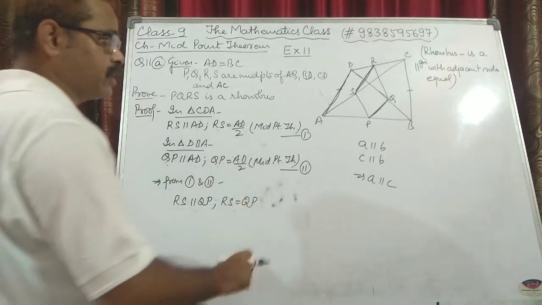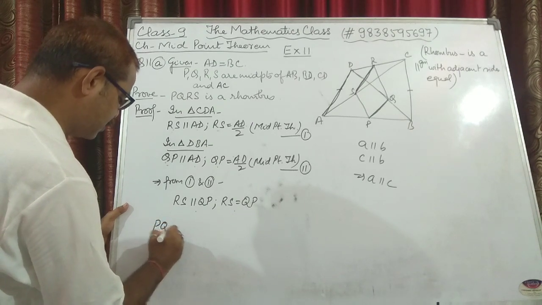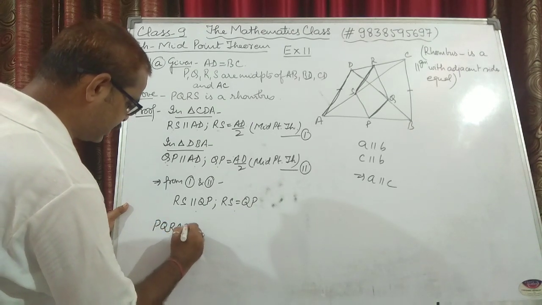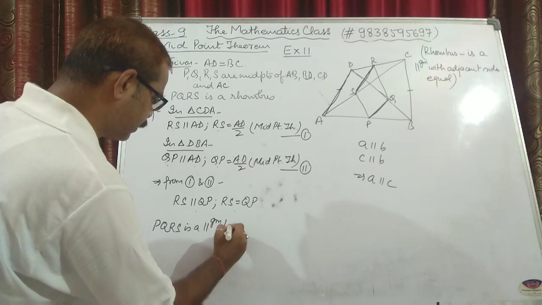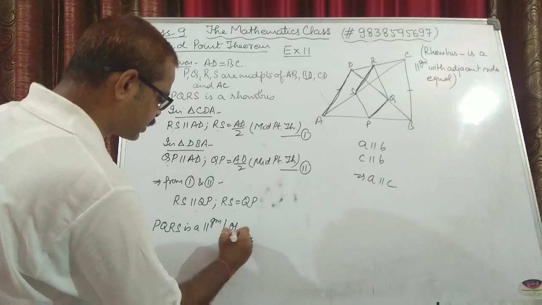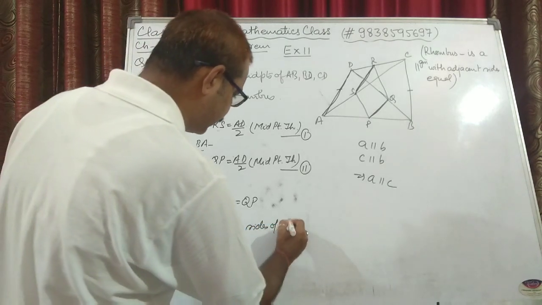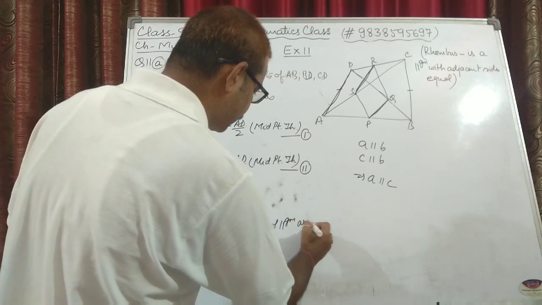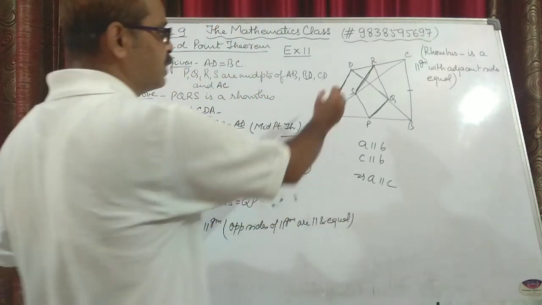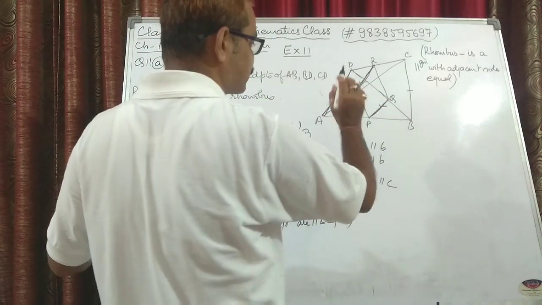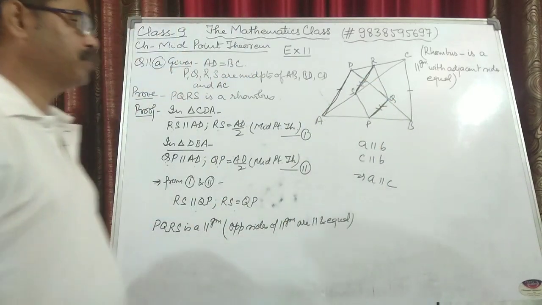opposite sides of a quadrilateral. So we can say that PQRS is a parallelogram. Why is it a parallelogram? Because we have proved that this side and this side are parallel, and these two sides are equal to each other.